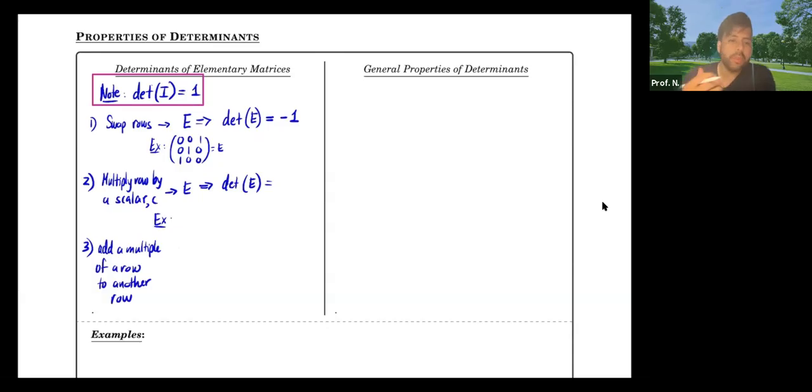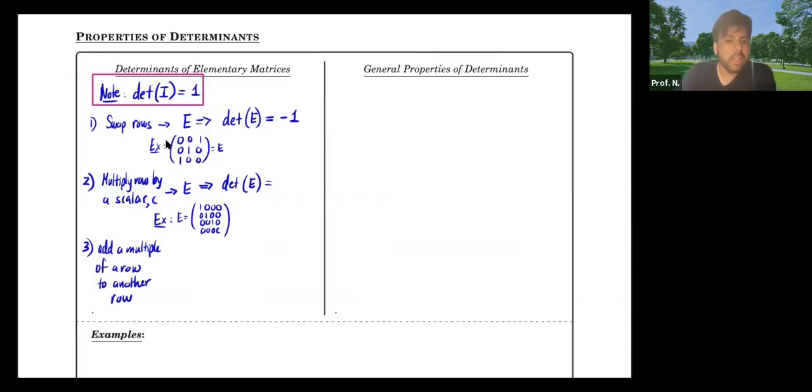So for example, if I want to multiply the 4th row of a 4x4 matrix, what would E look like? 1 0 0 0, 0 1 0 0, 0 0 1 0, 0 0 0 C, correct?